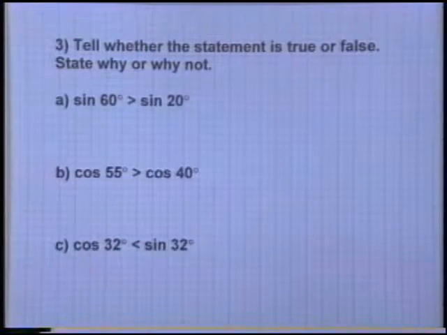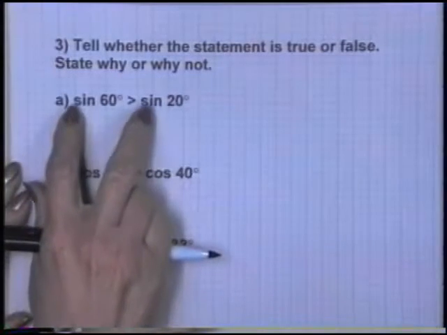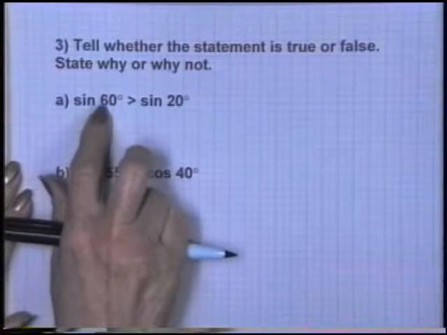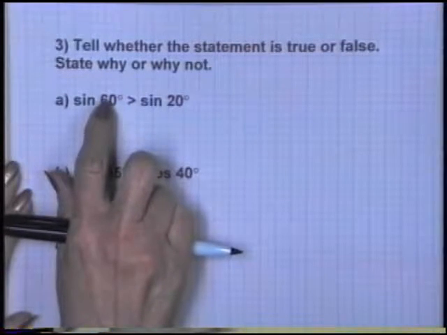Now let's work some problems where we need to know how the trig function values compare of acute angles. Tell whether the statement is true or false. State why or why not. Well, the first statement says sine of 60 degrees is greater than sine of 20 degrees. Now, remember what happens to the sine function when your angle gets larger?